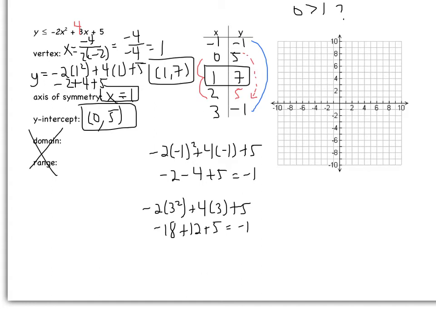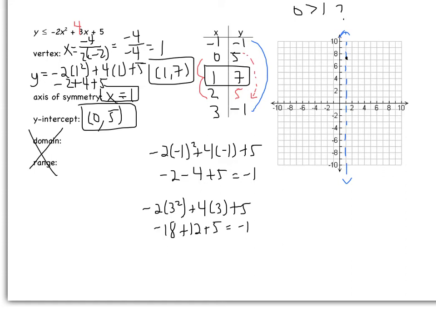So now I'm ready to graph. I'm going to start by graphing my axis of symmetry, my x equals 1. Remember that that's a vertical line going through x equals 1. And now I need to start plotting my points. So my vertex is 1, 7. I'm going to start with that one.